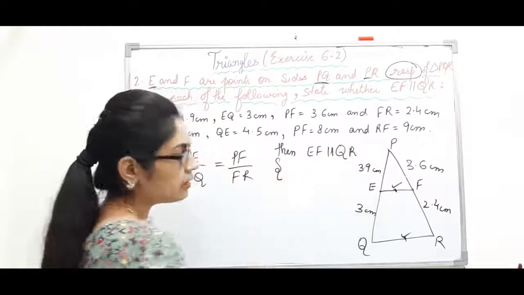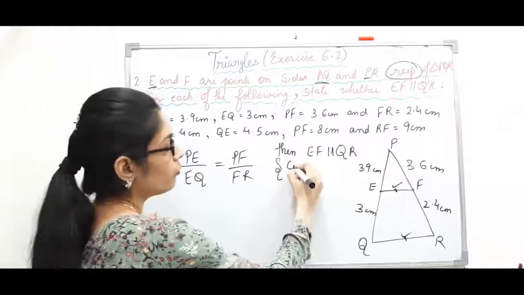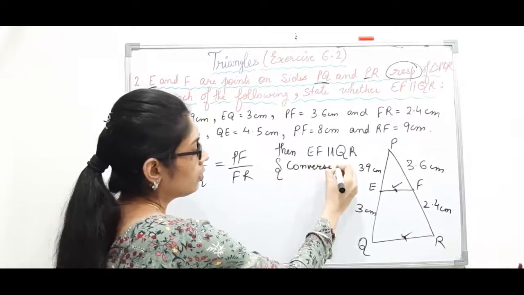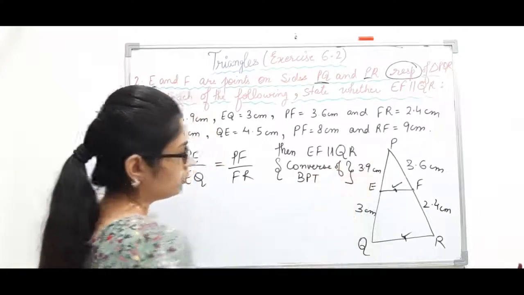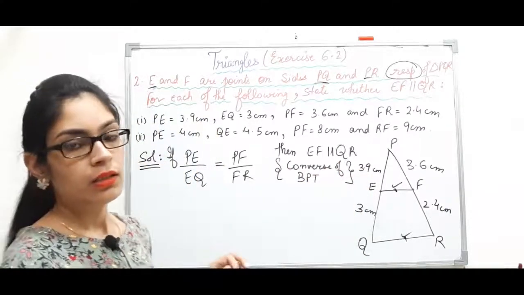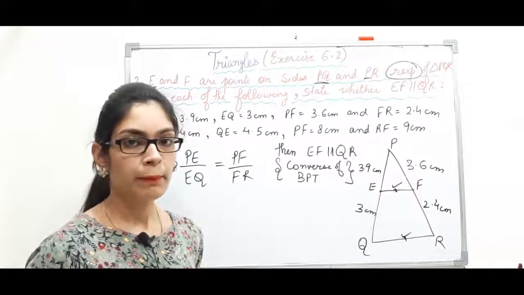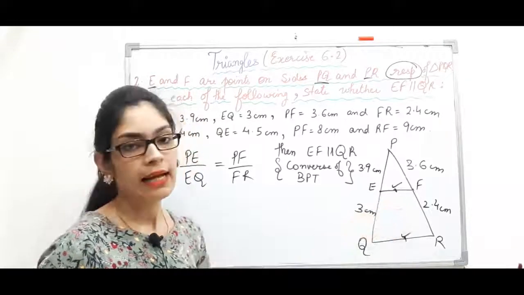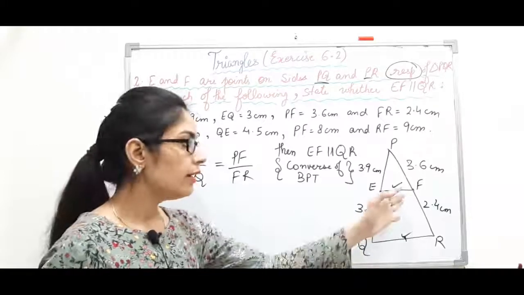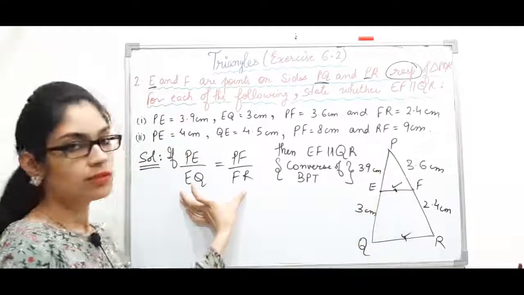For this reason you can mention converse of BPT. BPT is basic proportionality theorem. This way you can mention the reason. Only one thing you have to remember in both the theorems: in BPT it is already given that these lines are parallel, but in the converse it is not given. In the converse this thing is given to you.